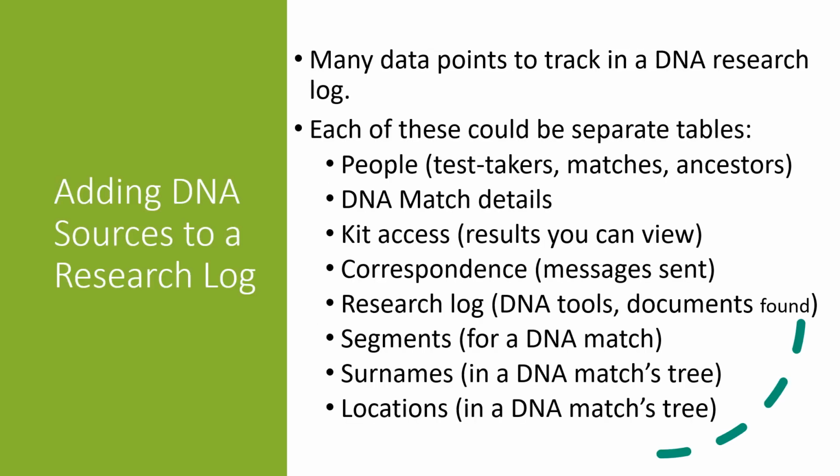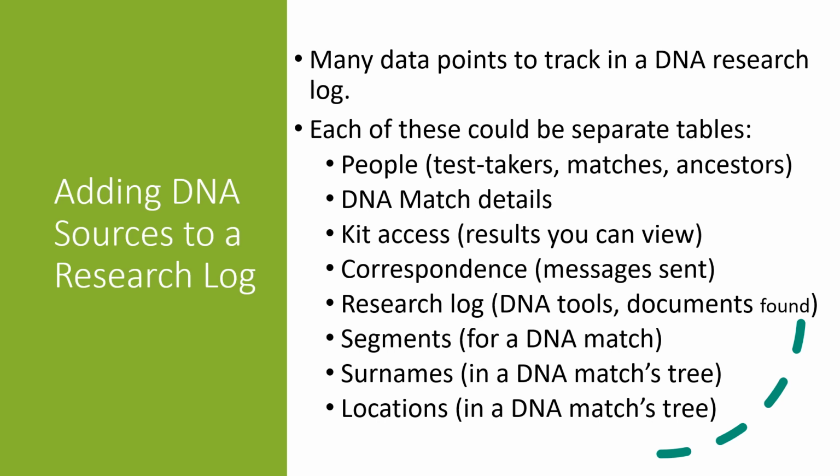So adding DNA sources to a research log means that you're going to have many data points to track. Each of these could be in separate tables. You may have a people table with test takers, matches, and ancestors, a DNA match details table, a kit access table where you remind yourself of the results of different people that have shared with you or who've tested for you that you can view their results.